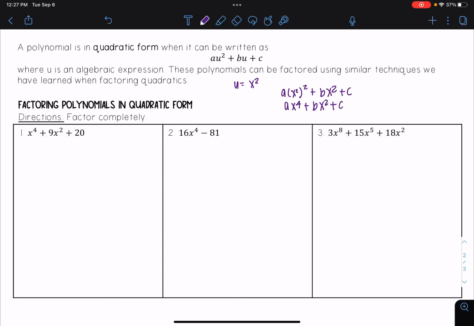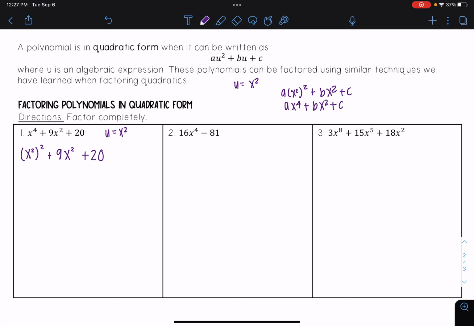I have x to the fourth plus 9x squared plus 20. I can rewrite this to be in quadratic form if I let u equal x squared. So instead of x to the fourth, I can rewrite this as x squared, squared, plus 9x squared plus 20. Now I'm going to factor this just like a normal quadratic.